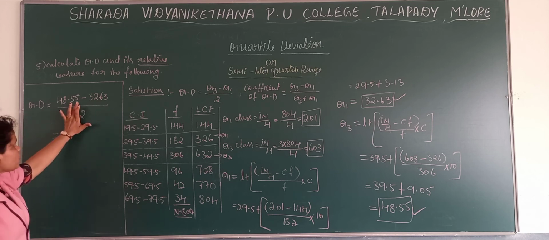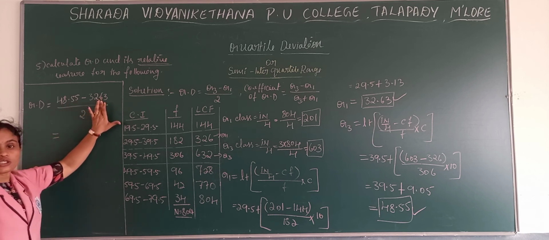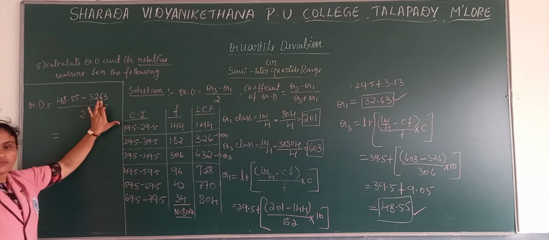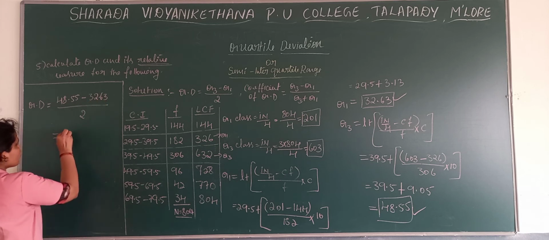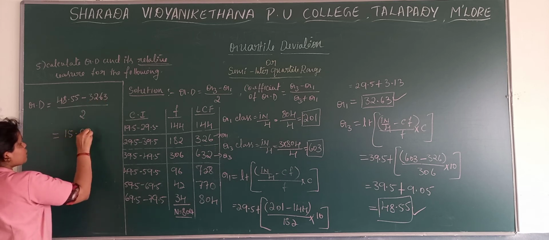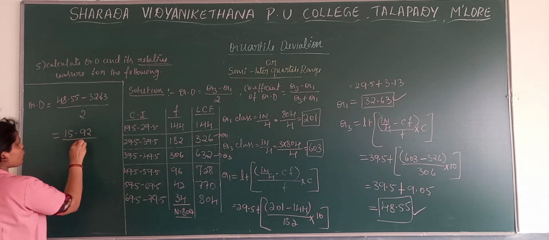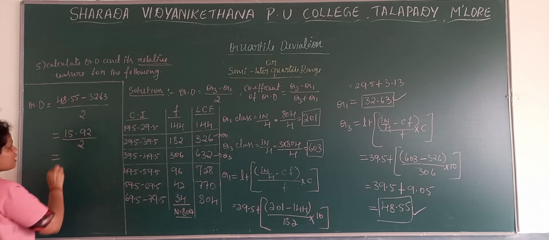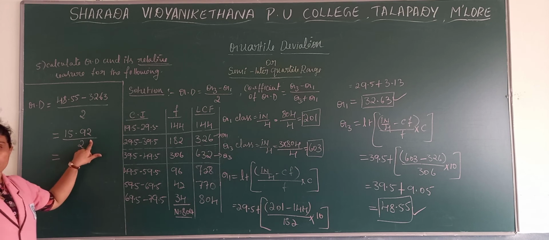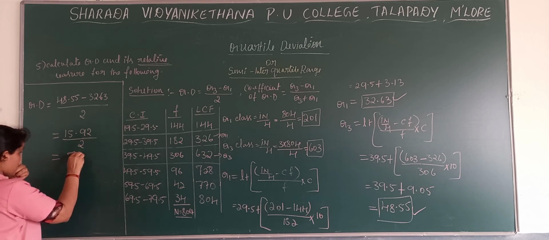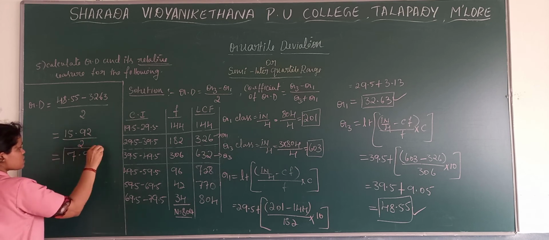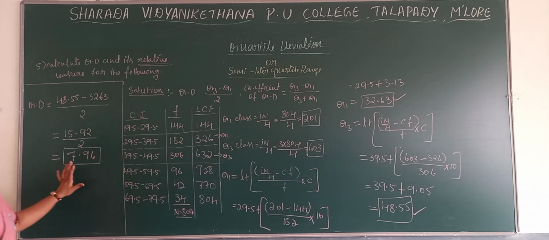So 48.55 minus 32.63, when we deduct it, we get 15.92. And now when we divide it by 2, we get 7.96. This is our quartile deviation value.